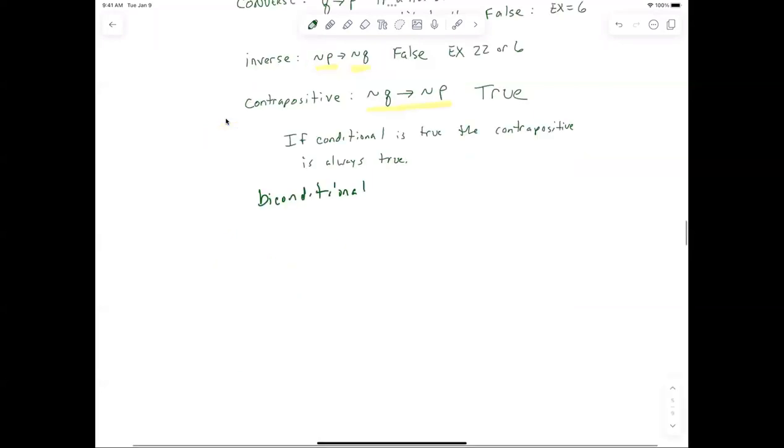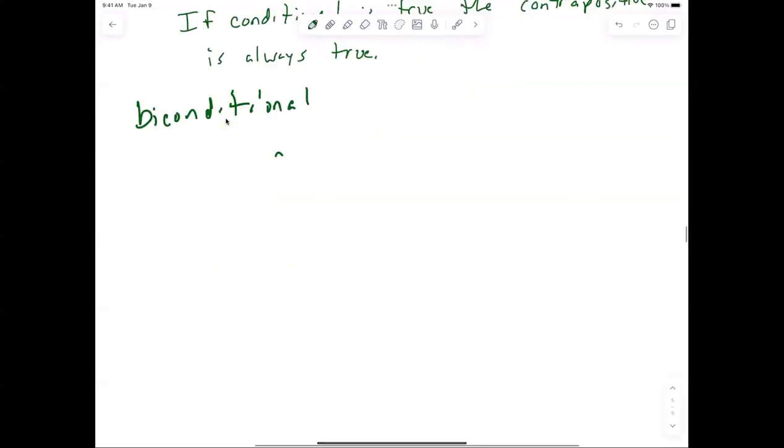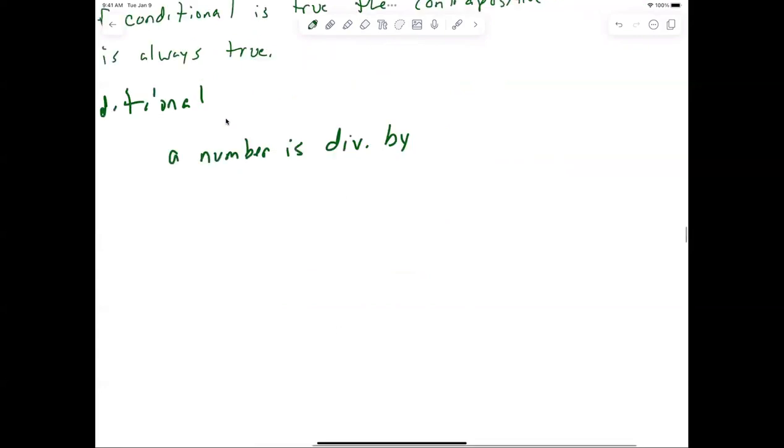You would say a number is divisible by 4 if and only if.